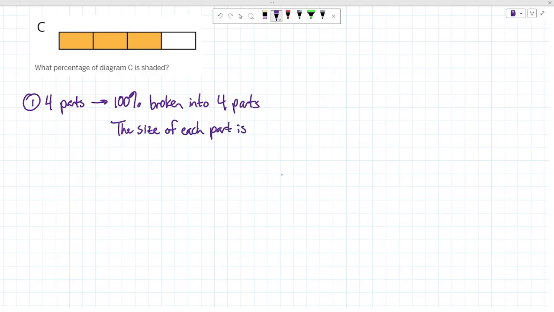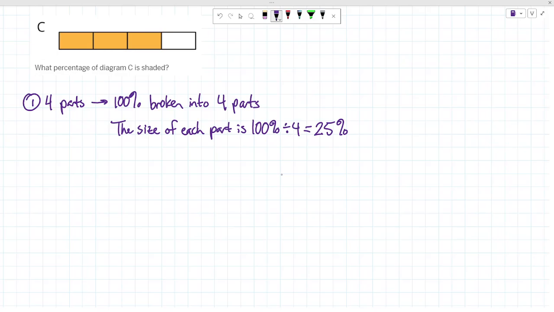Remember, this is a division problem. We can do 100% divided by 4. And what's that going to be? If we take 100 and we break it into 4 parts, each part, we're going to have 25% here.